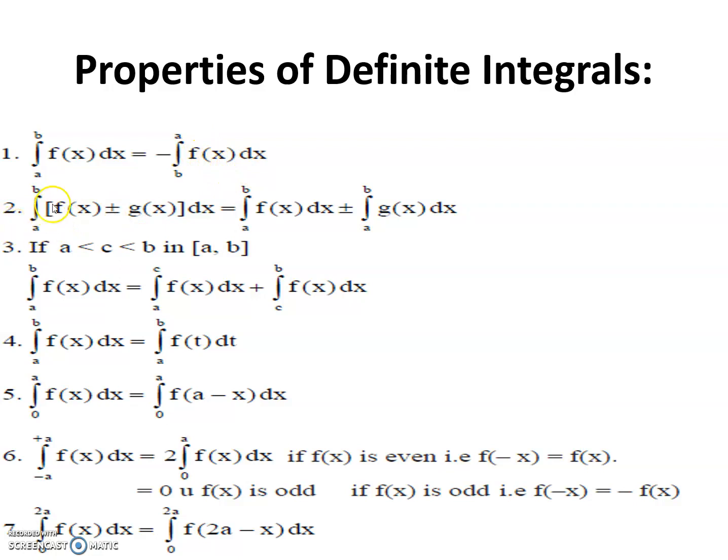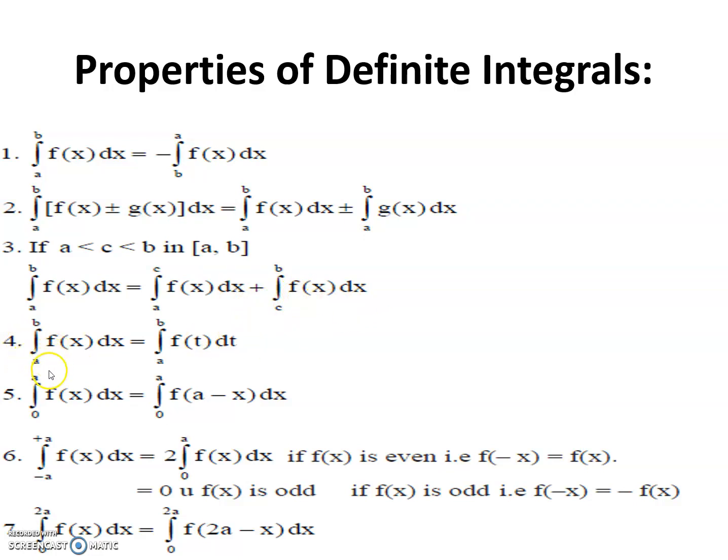Second: integral from a to b of f of x plus or minus g of x dx is the integral from a to b of f of x dx plus or minus the integral from a to b of g of x dx. Third one: if a is less than c less than b in the closed interval a, b, then integral from a to b of f of x dx is integral from a to c of f of x dx plus integral from c to b of f of x dx.